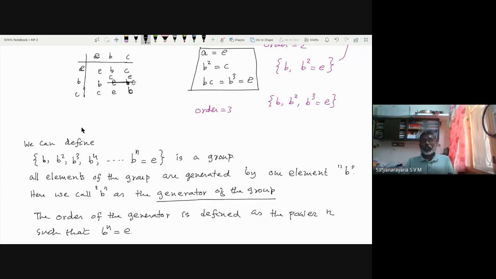So in this case, order of B is 3, order of B is 2, and so on.